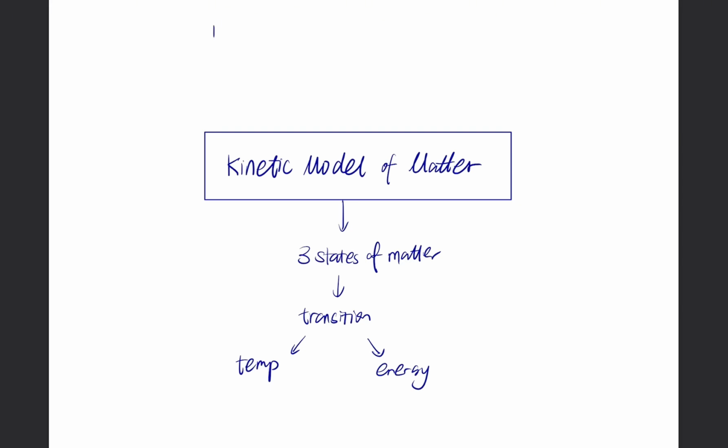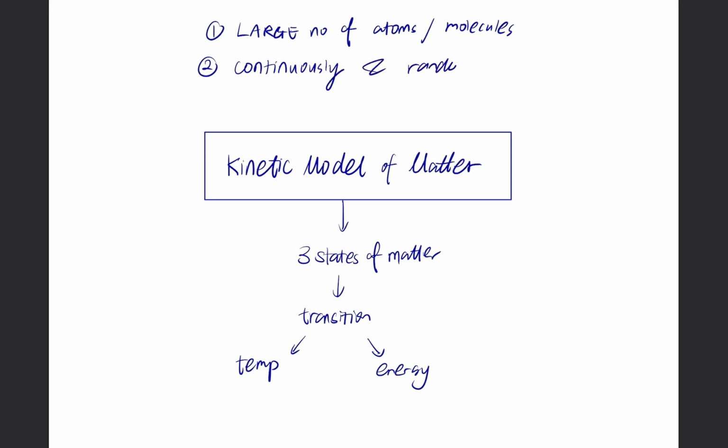There are two aspects. Firstly, all matter is made up of a large number of tiny atoms or molecules. And secondly, all of them are moving continuously and randomly.